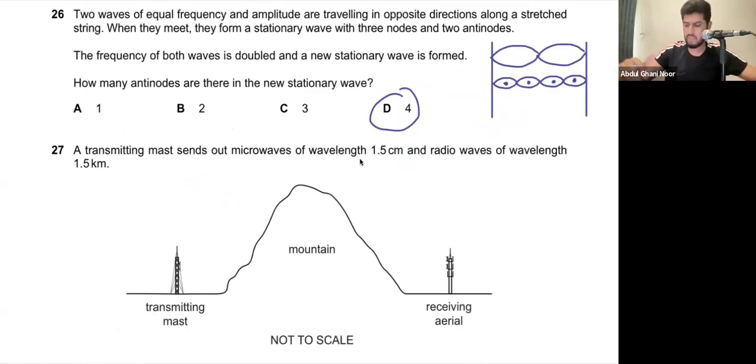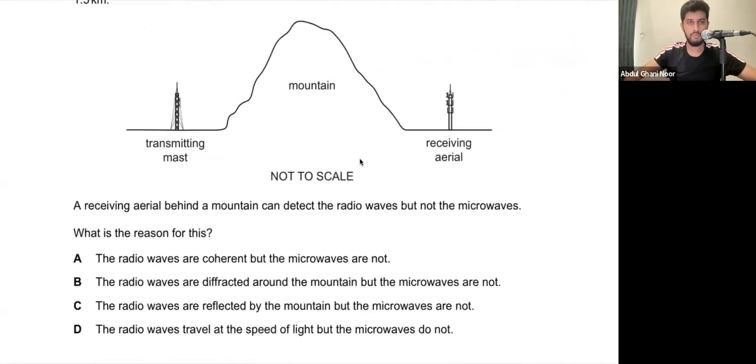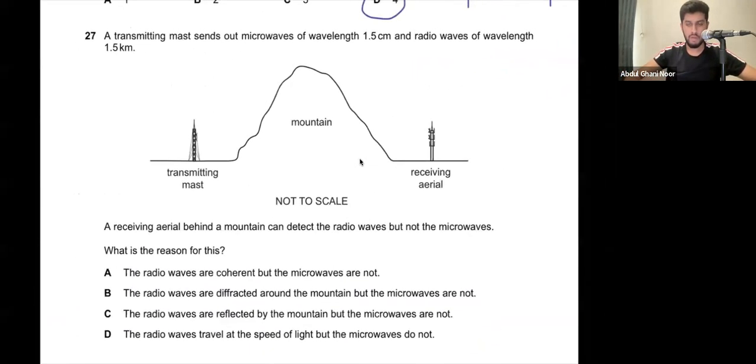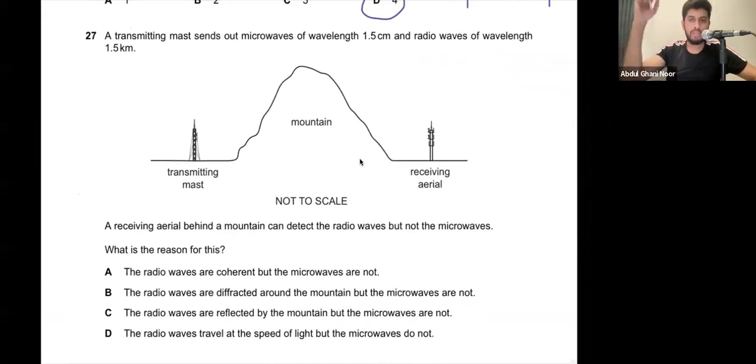So, a simple question. Question number 27 says a transmitting mast sends out microwaves of wavelength 1.5 centimeters and radio waves of wavelength 1.5 kilometers. So there is microwave being emitted here and there is radio wave being emitted here. Microwave has a shorter wavelength.